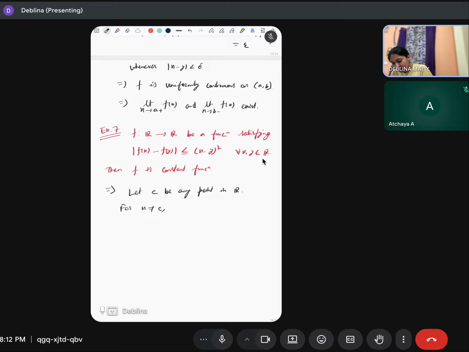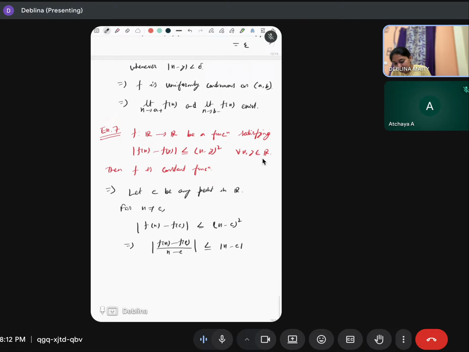We have mod f x minus f c is less than or equal to (x minus c) whole square, and we can write it as mod of f x minus f c by x minus c is less than or equal to modulus of x minus c, right?